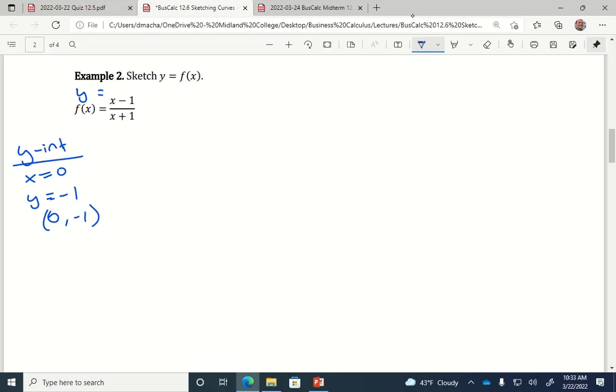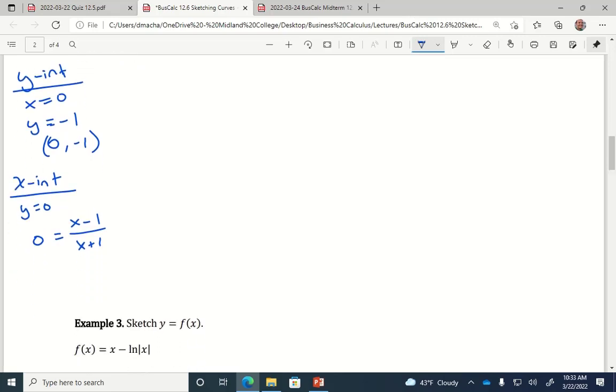Step 2 says I want to find x-intercepts if they exist. To find x-intercepts, I set y equal to 0 and then solve the equation 0 is equal to (x minus 1) divided by (x plus 1). Regardless of whatever the denominator is, my right-hand side can only be 0 if x minus 1 is 0.